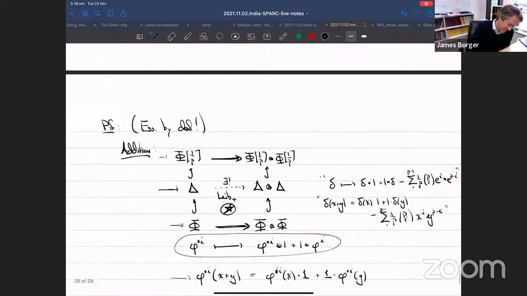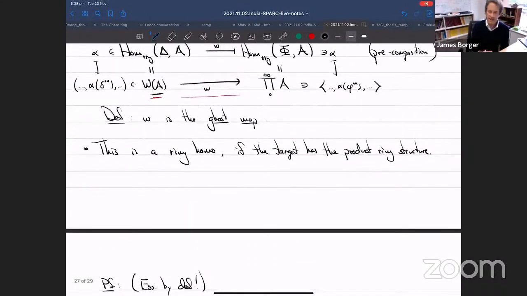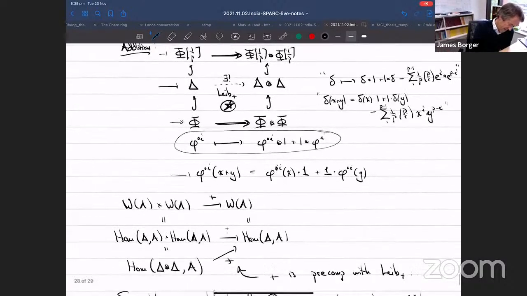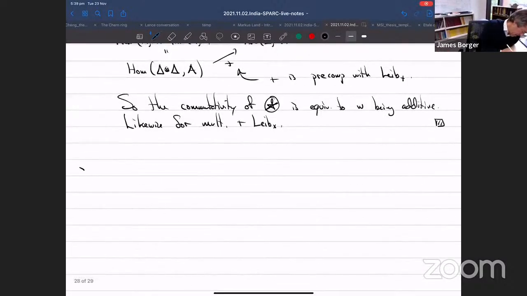The point is that it's effectively just a formal fact, a formal consequence of how I defined the ring structure on W of A.